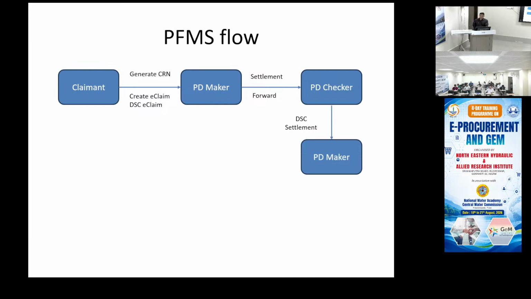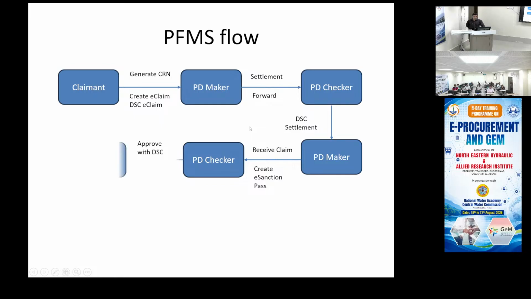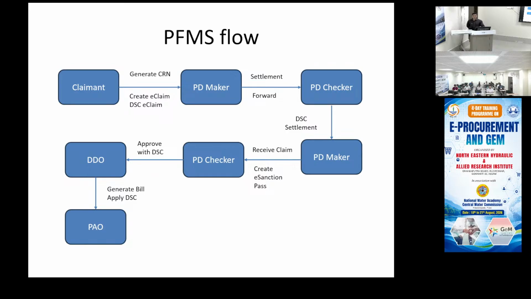Then it goes back to maker. Maker has to receive and create the sanction. Then pass to the PD checker. PD checker will approve with DSC and go to DDO. DDO will generate the bill, apply DSC, and it will go to the PAO.